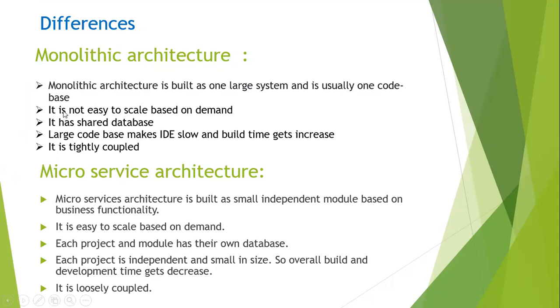In monolithic architecture, it is not easy to scale based on demand. But in microservices architecture, we can scale based on demand. We can do horizontal scaling and vertical scaling, which we can discuss in a separate topic.